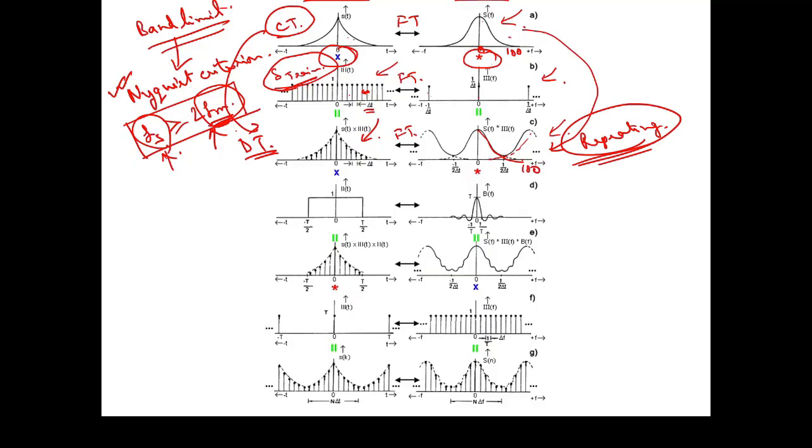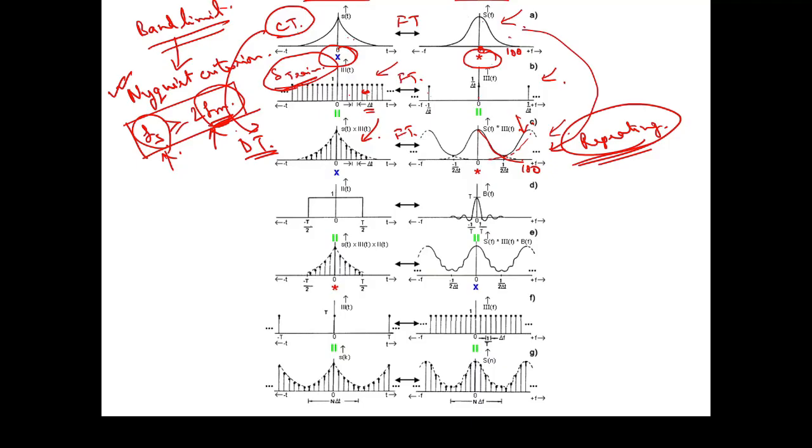Now what? Now we know that the signal we have got is this one. Now herein, if you see the frequency component, it is continuous, so it has to be sampled.